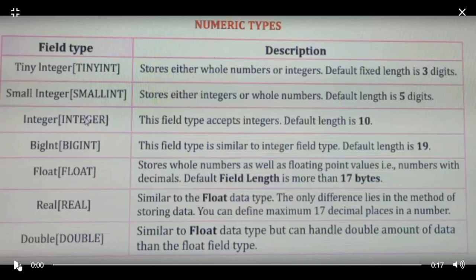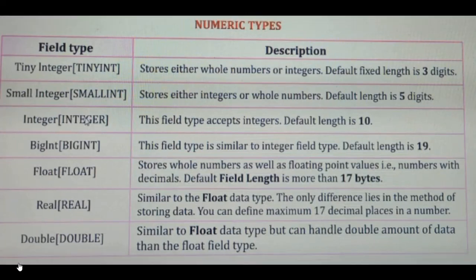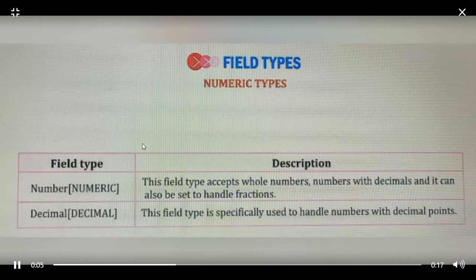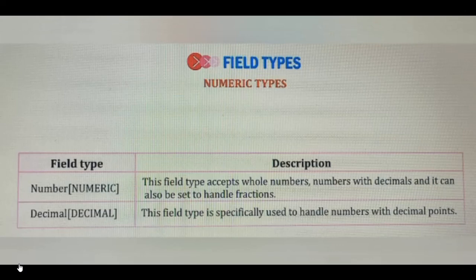Then we talk about the next one. Yes, second is your fractional value field types, right? If we talk about fractional, it means we can store the fractional component of a number in fractions, right?